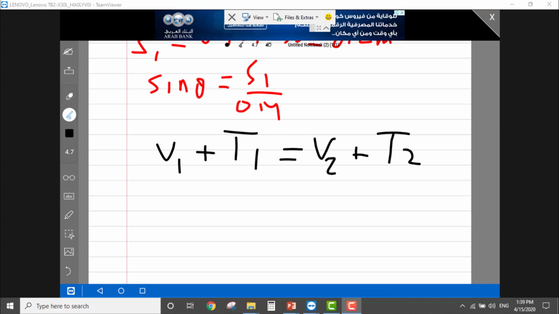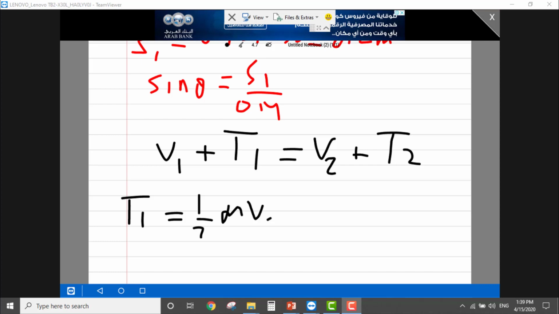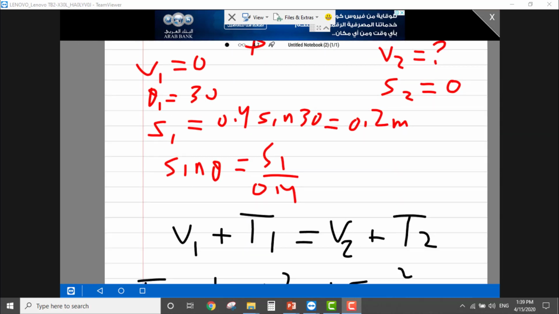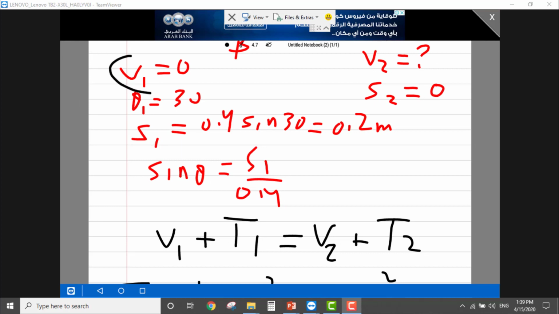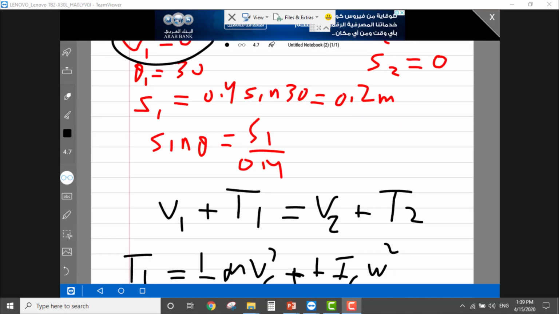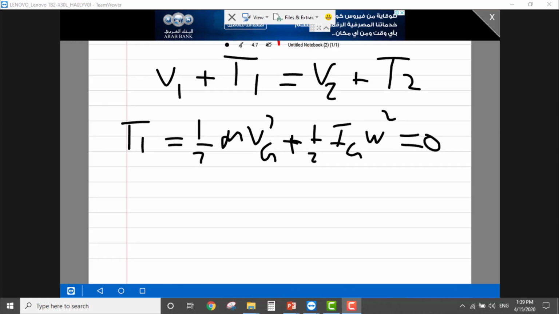So T1 equal to half m Vg squared plus half Ig omega squared. But it's mentioned, and we substitute here, that it starts from rest. Remember? So if it started from rest, then T1 will go to 0, because there is no omega and there is no velocity.